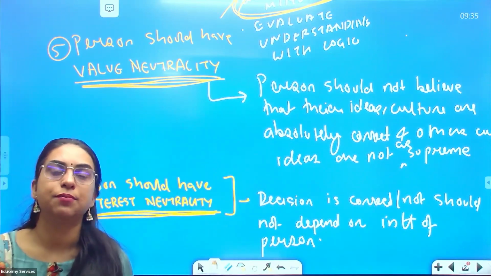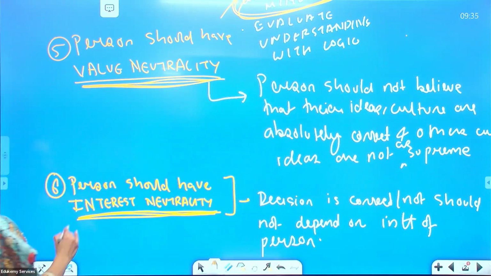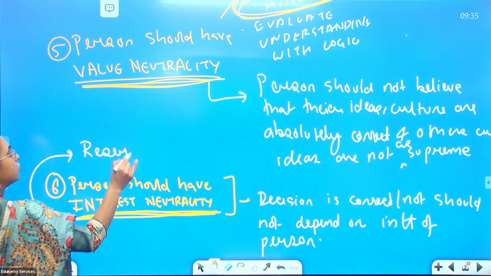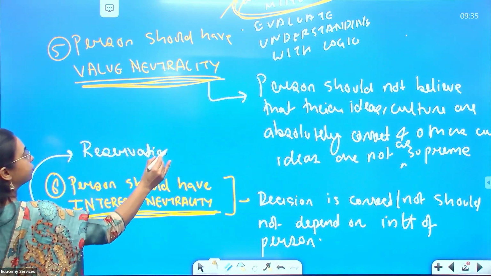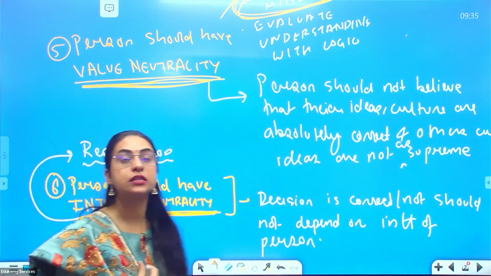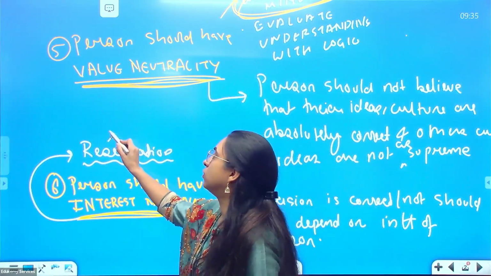Let us take an example. एक example लेते हैं. Now, suppose you are given a question to debate about reservation. Reservation पे debate करो, या reservation के ethical sides बताओ.